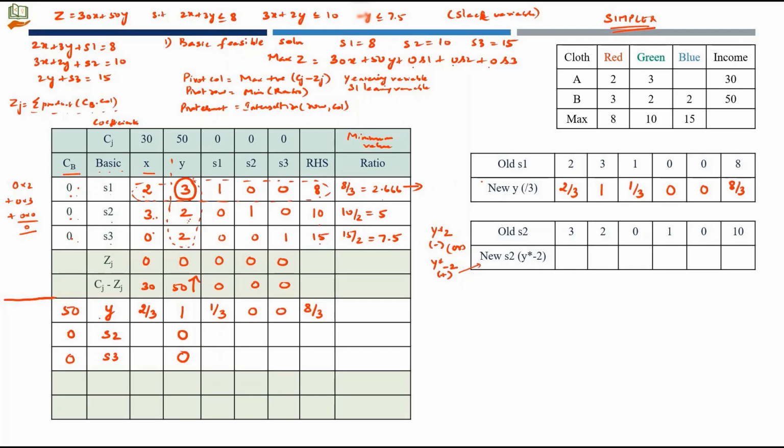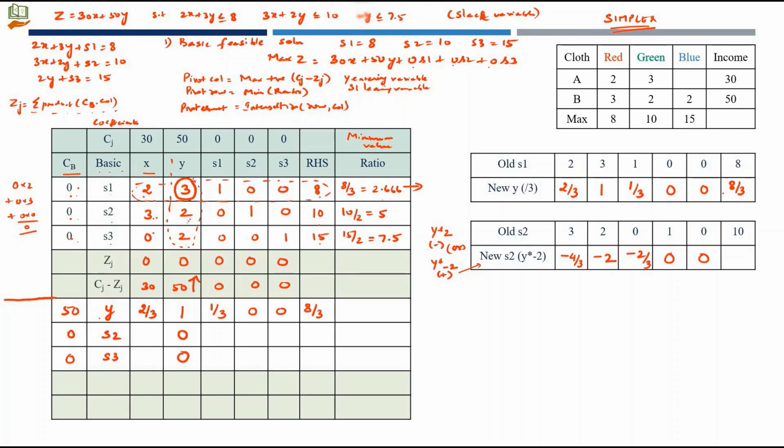You have to multiply with the new y row. What is y into minus 2? 2 by 3 into minus 2 will give minus 4 by 3. 1 into minus 2 will give minus 2. Minus 2 into 1 by 3 will give minus 2 by 3. Minus 2 into 0 will give 0. Minus 2 into 0 will give 0.